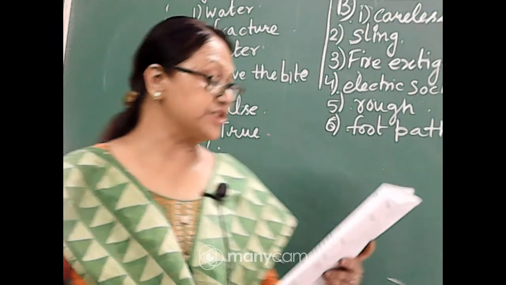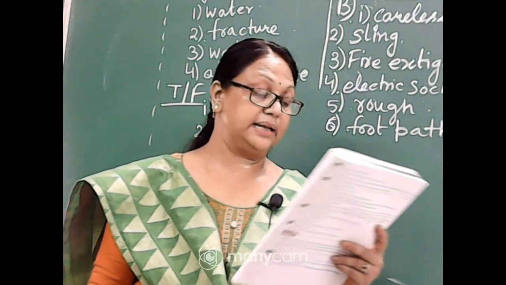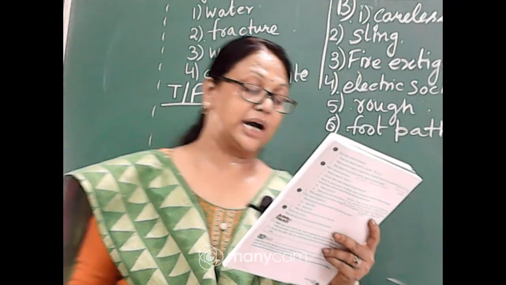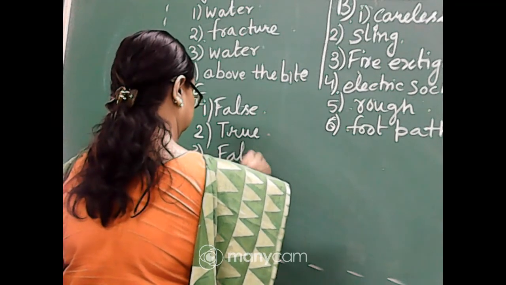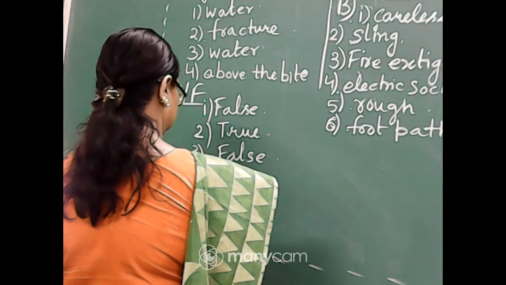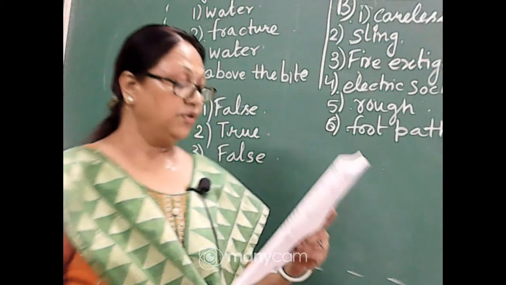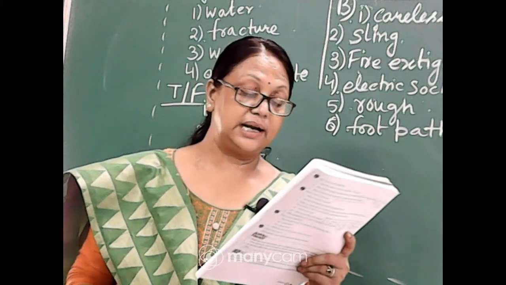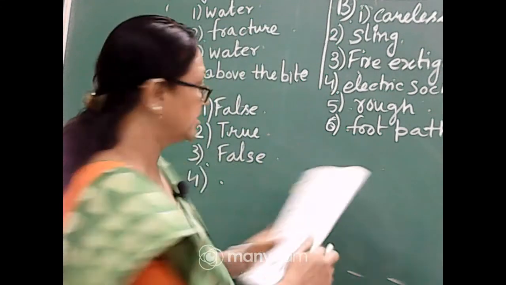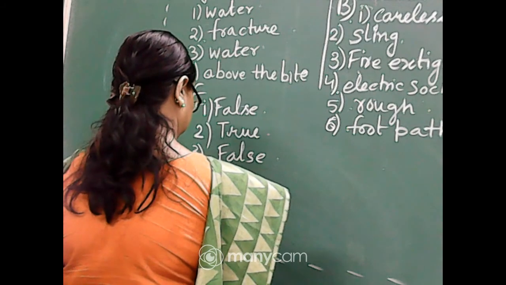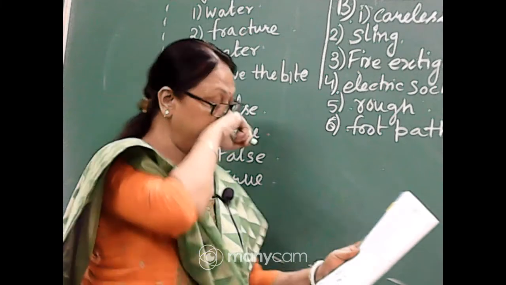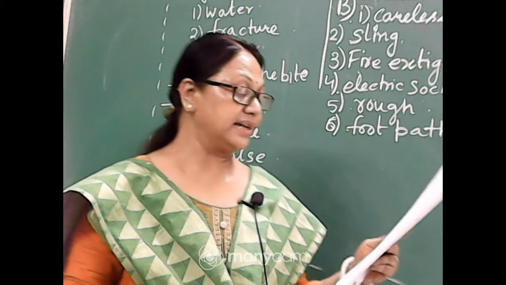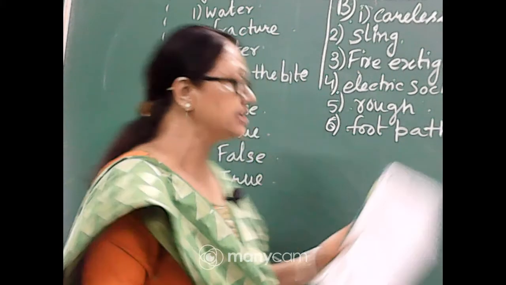And the third statement is, we should use a blade to sharpen the pencil. So it is a false statement. Fourth answer is, we should regularly check the electrical wire. It is true. And the fifth one is, we must wear synthetic clothes while cooking in the kitchen. It is false.